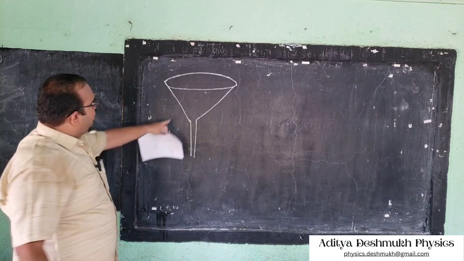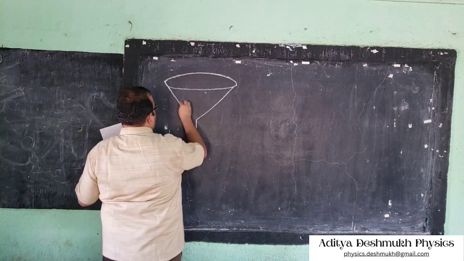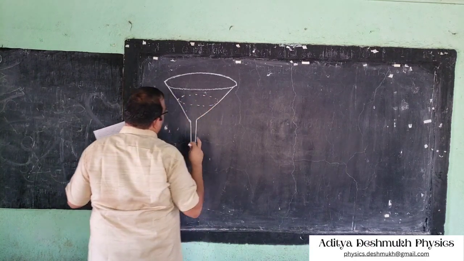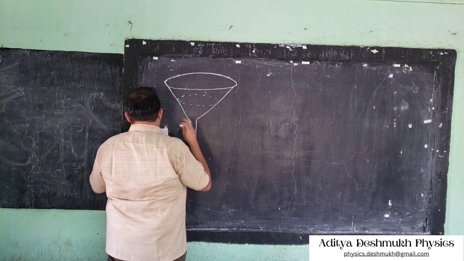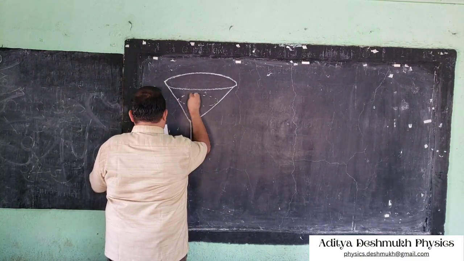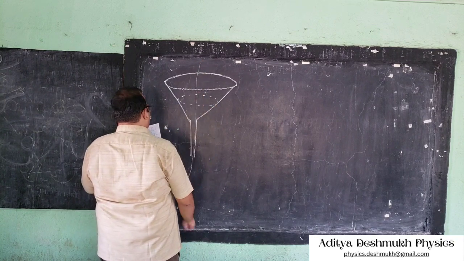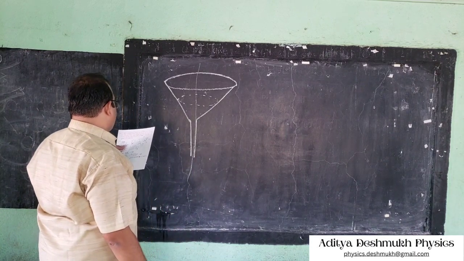When you see the diagram you should know that this is motion of a particle inside a conical surface or funnel. A particle describes a horizontal circle on a smooth inner surface of a conical funnel as shown.